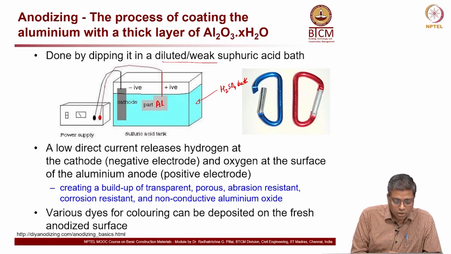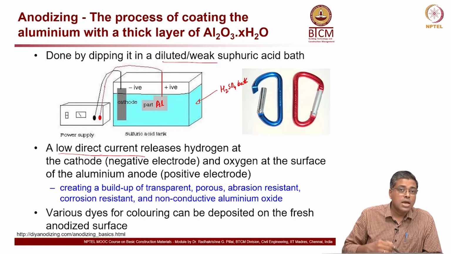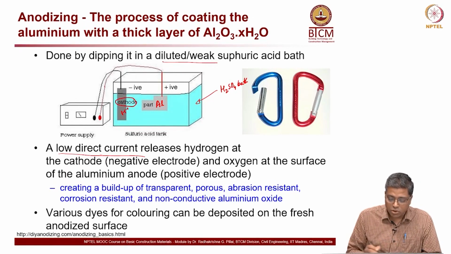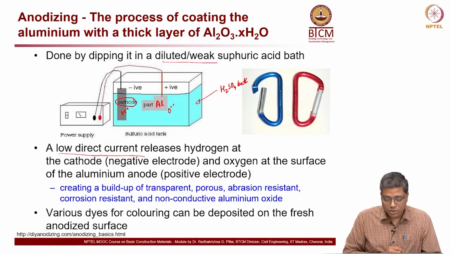So a low direct current, or low DC current, releases the hydrogen at the cathode, hydrogen is coming out, and it releases the oxygen at the surface of the aluminum anode, which is the positive electrode.